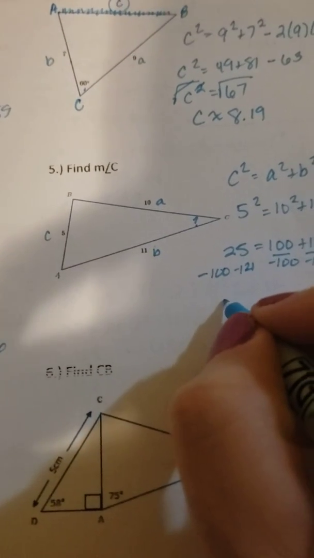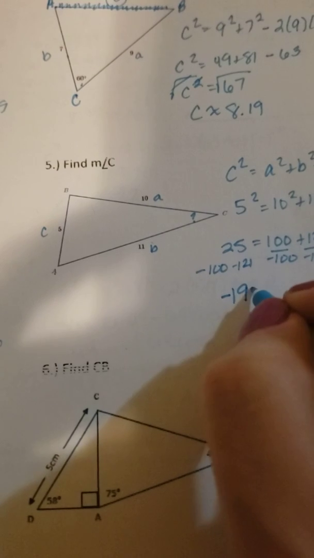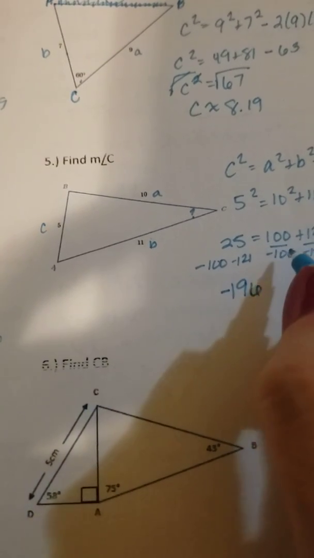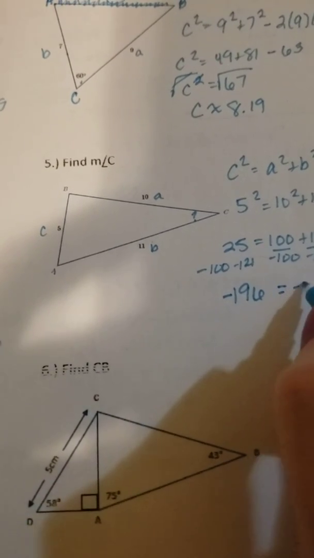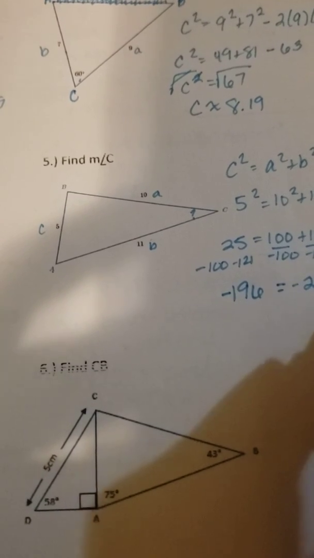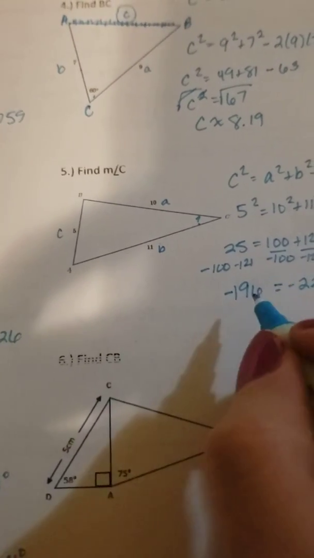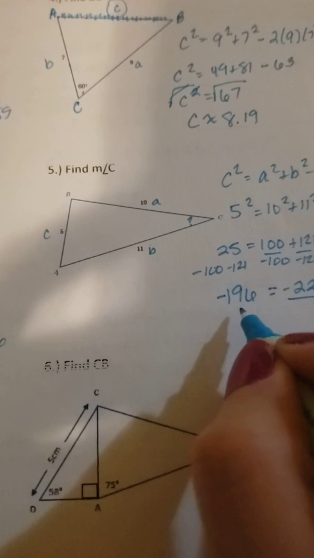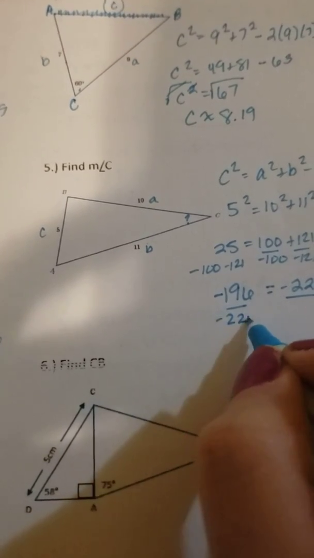And what I get over here is negative 196 equals negative 220 cosine C. I'm going to divide both sides by negative 220.